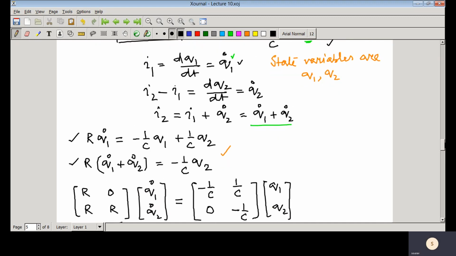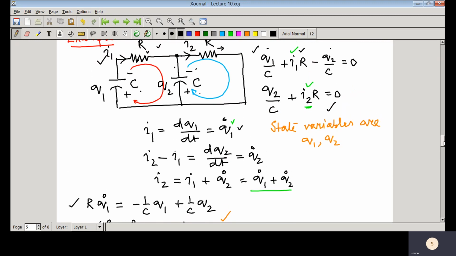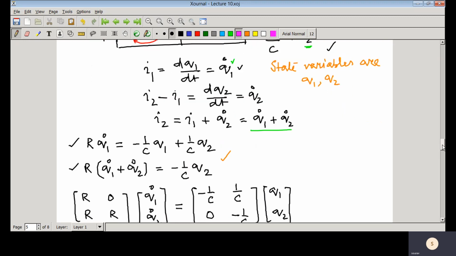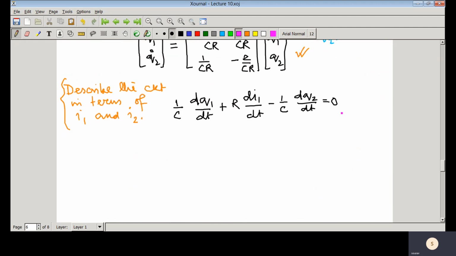The first dynamical equation here, if we take the derivative of this one, basically that would be 1 by C dq1 by dt plus R into di1 by dt minus 1 by C dq2 by dt. So that equation I have written here just by taking the derivative.